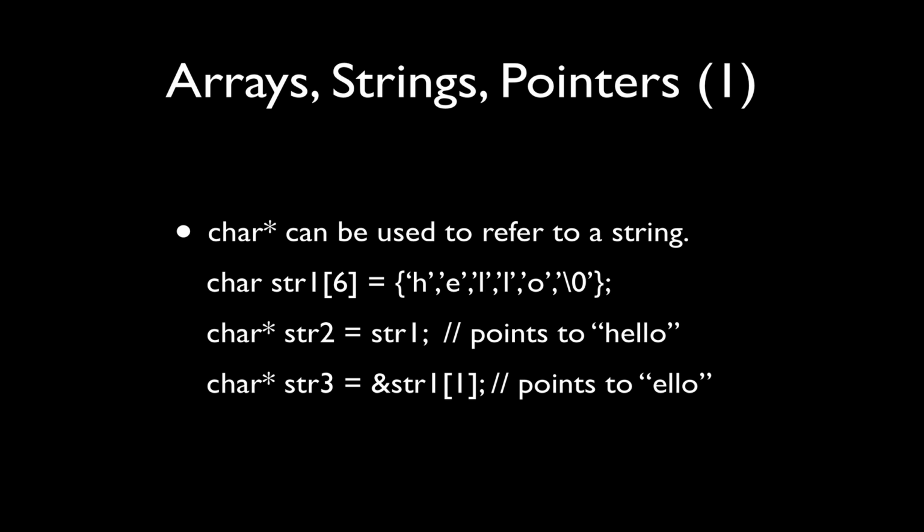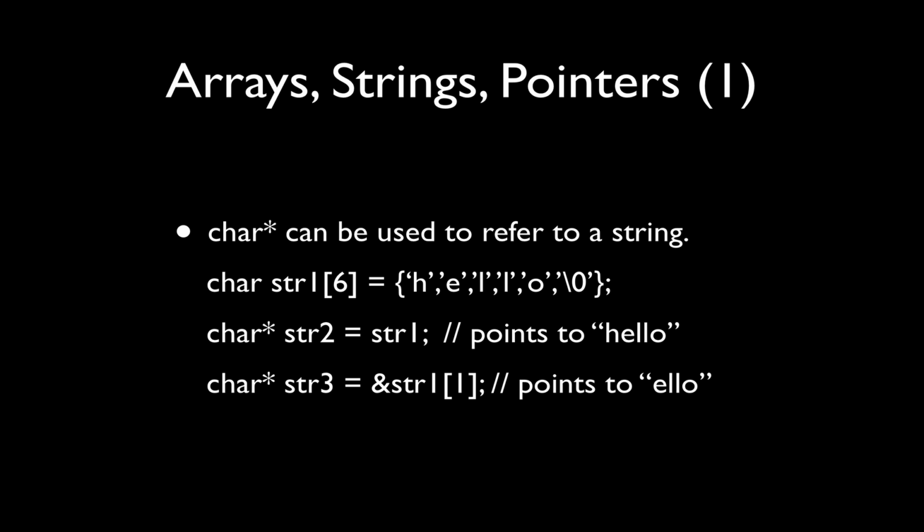Now we also have some additional notation. We can use the asterisk operator on the type to form what we call a pointer. So in this example, I can use a char star to refer to a string. In the first declaration, I have a char str1 of 6 elements, and I've assigned the string hello to that character array.